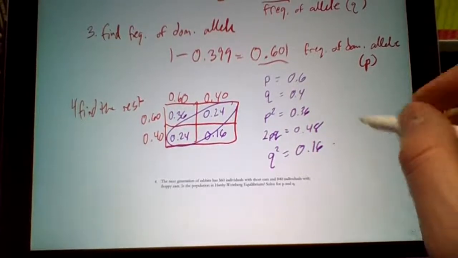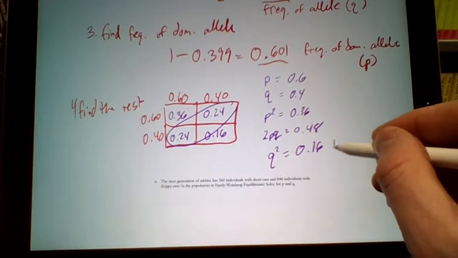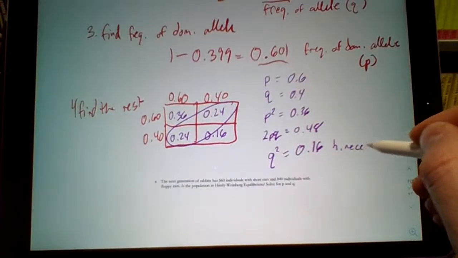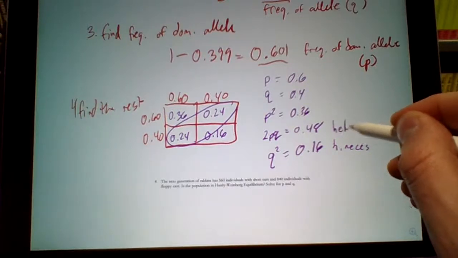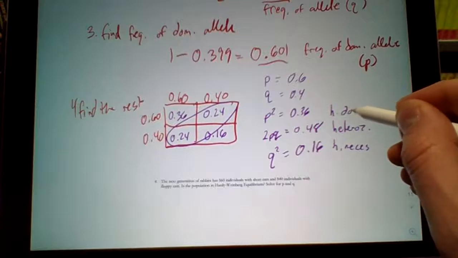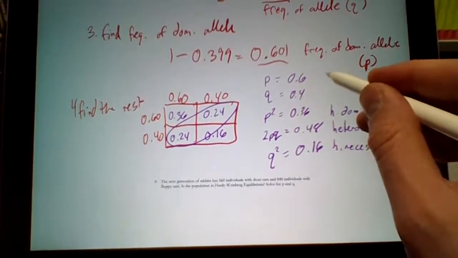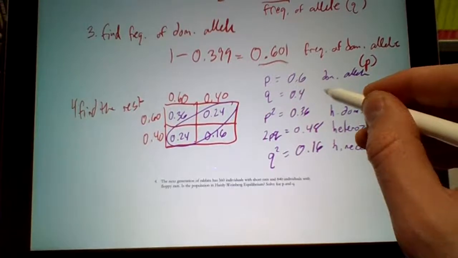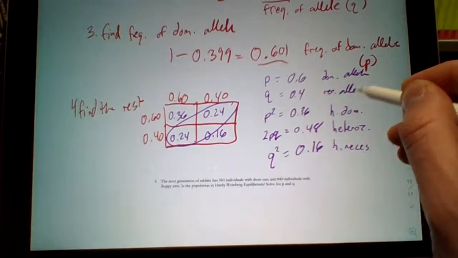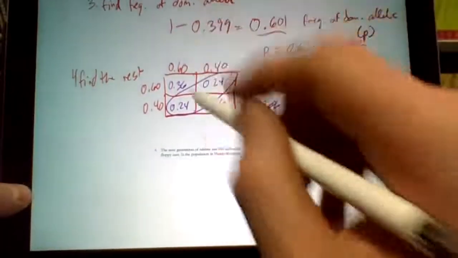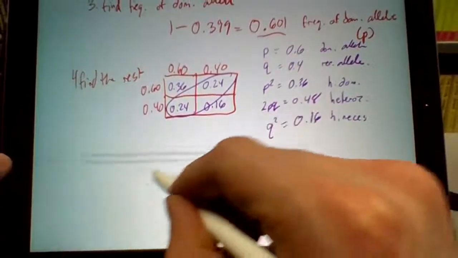Say this is homozygous recessive, heterozygous, and homozygous dominant, and then this is the dominant allele and this is the recessive allele. Those would also be good choices, and easy for me to understand and to award marks for.